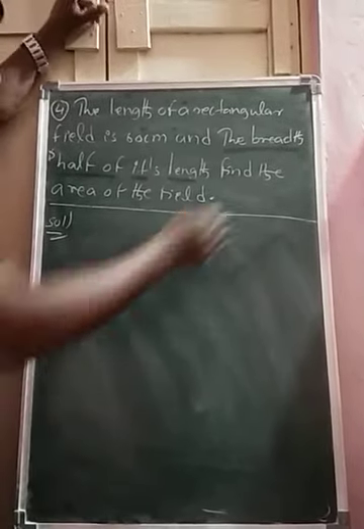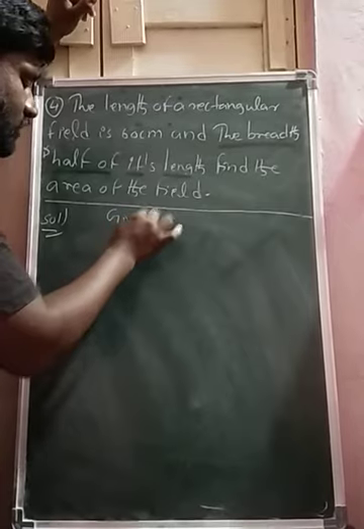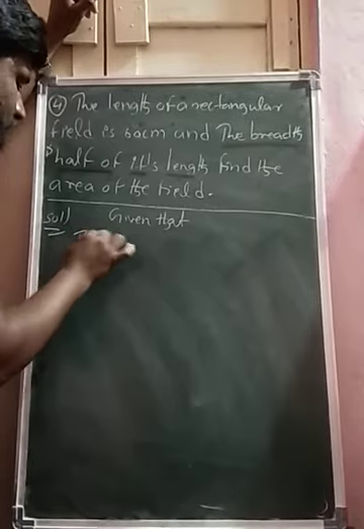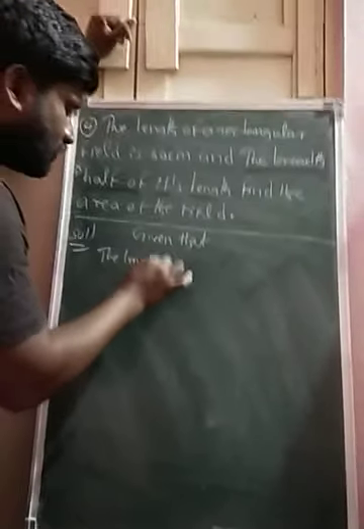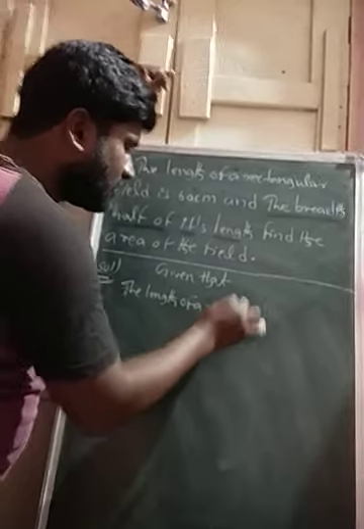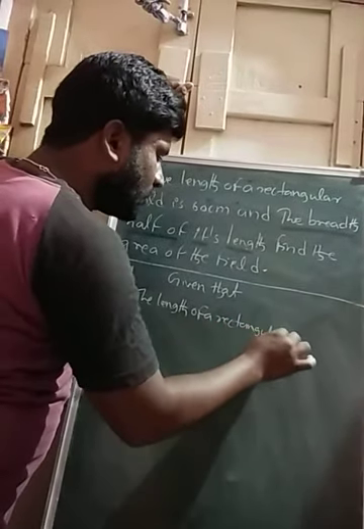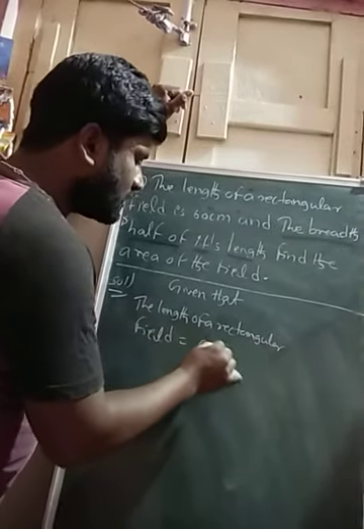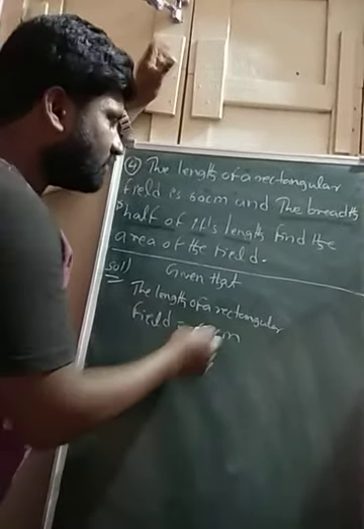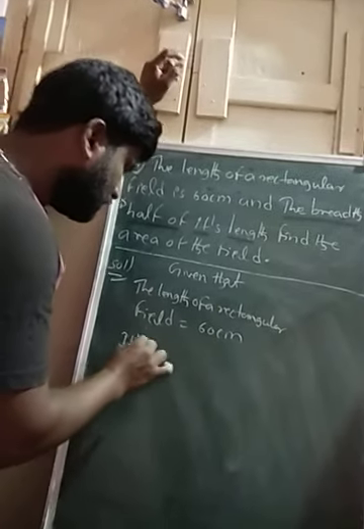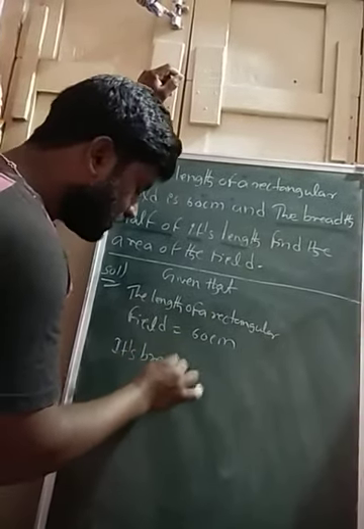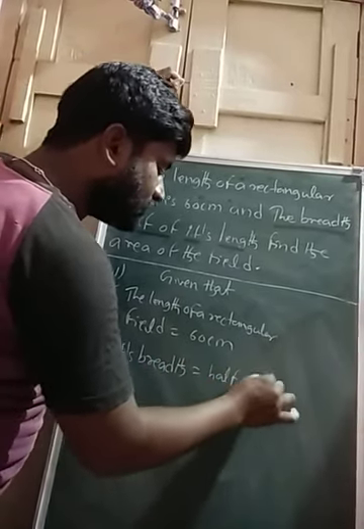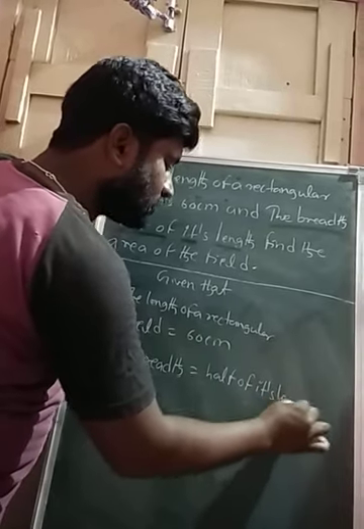So I am taking here the given data. Given that the length of a rectangular field is equal to 60 centimeter, and given here its breadth is equal to half its length, 60 by 2.